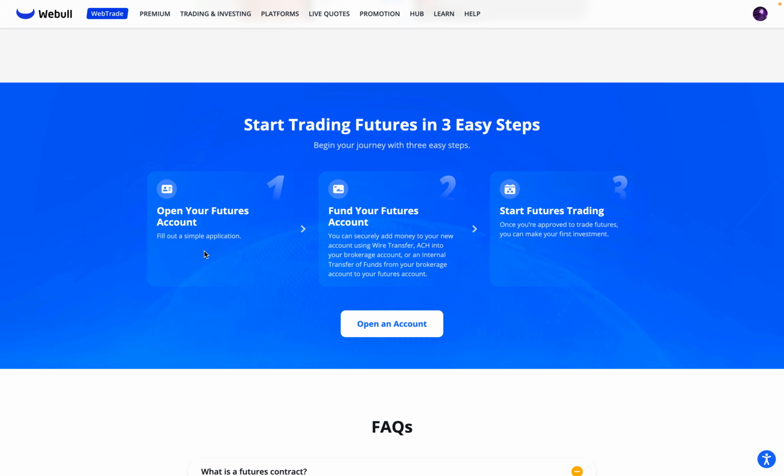You'll need to open your futures account, then fund your futures account, then you can start futures trading. There are also a lot of great resources on here if you have questions on trading futures. Also make sure to download the Webull desktop app. That's where we're going to be showing you everything here today. So let's jump over to the Webull desktop app now.